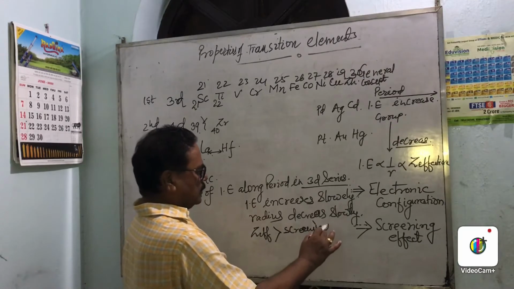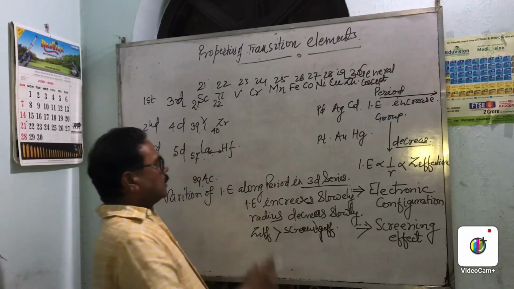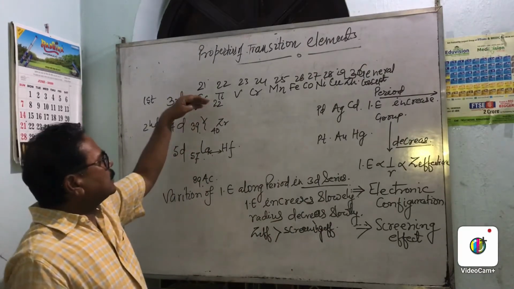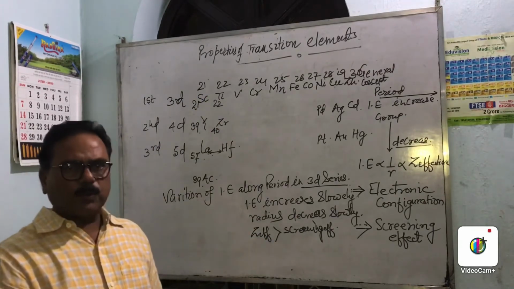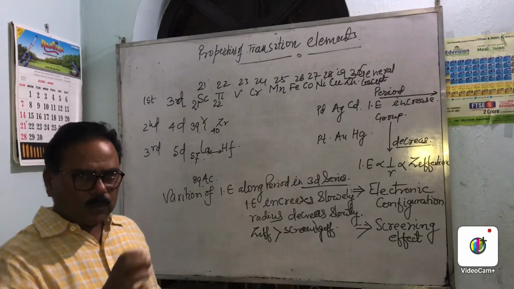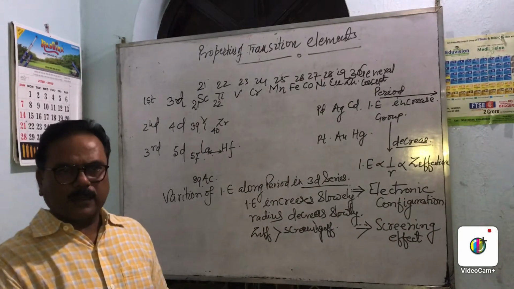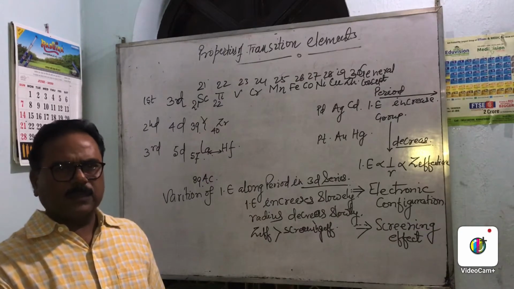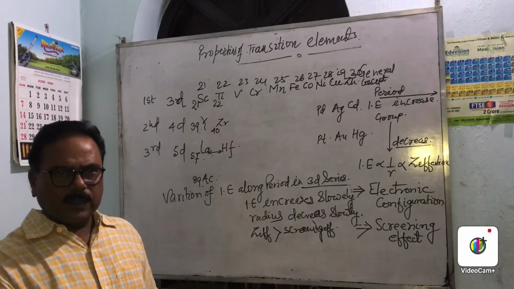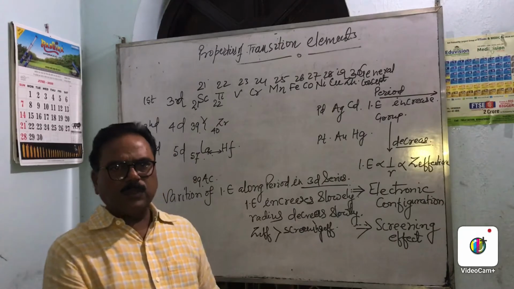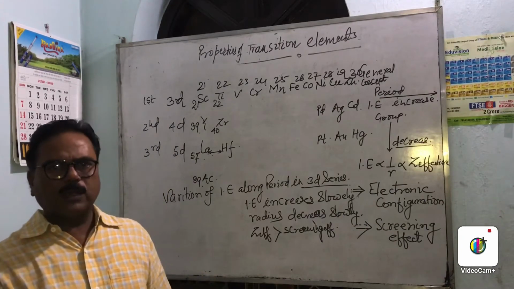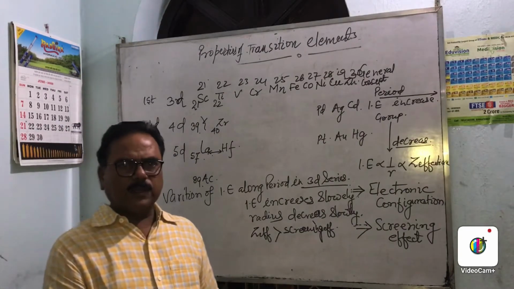In the beginning, due to the increased number of protons, the pull on the outermost electron increases, and that's why the radius decreases slowly. In the middle it is almost the same, meaning the increase in nuclear charge is counterbalanced by the screening effect.